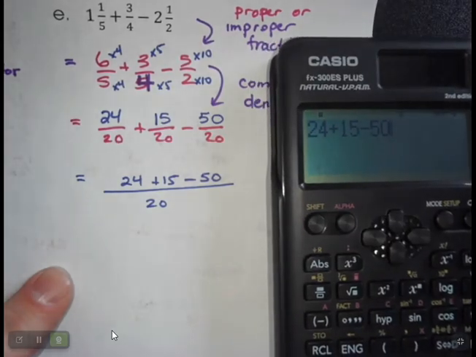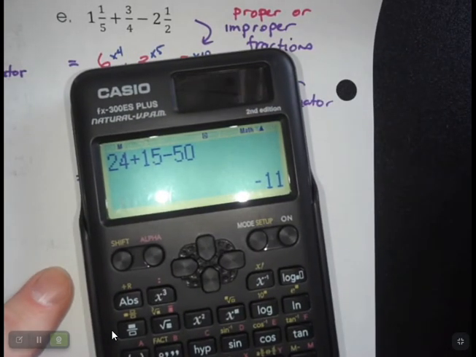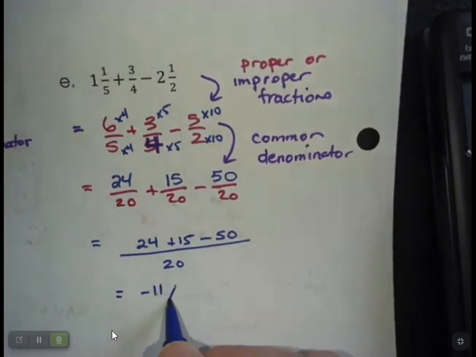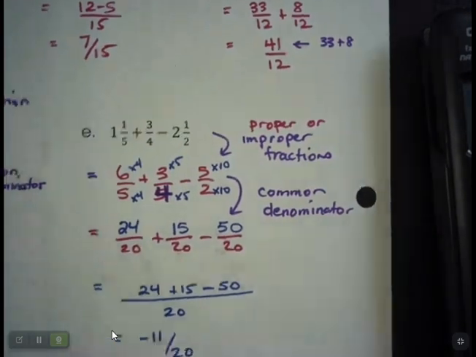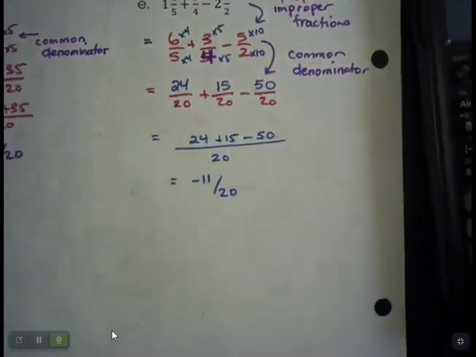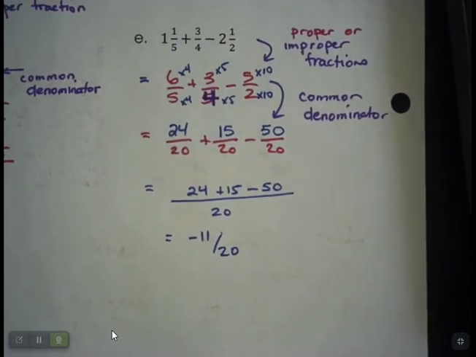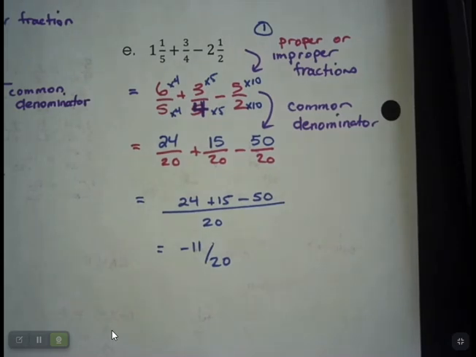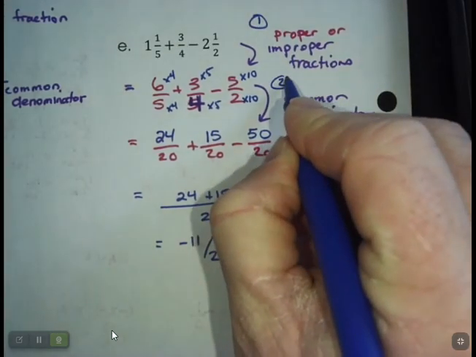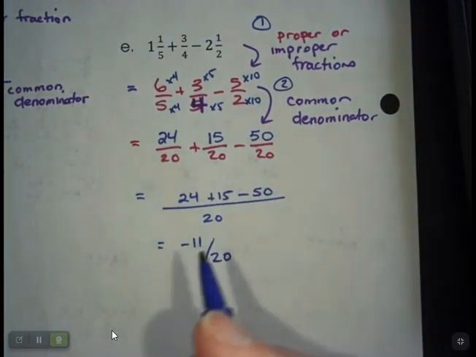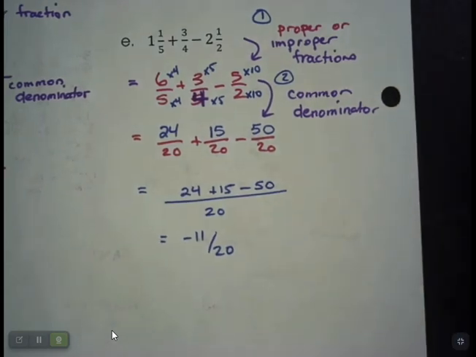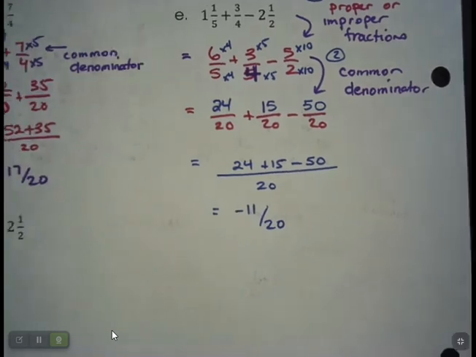So I can think of it exactly like that, and that's going to be my number in the numerator. So step 1, improper fractions. Step 2, find a common denominator. And then add or subtract.